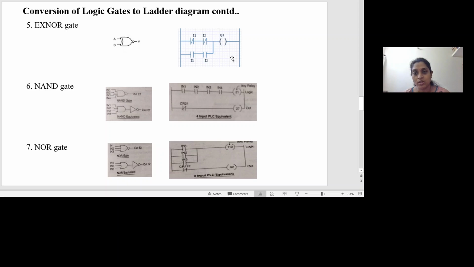Whenever I am ORing, the inputs of the OR operation are to be connected in parallel. Therefore, the first term represents A bar dot B bar and the second term A dot B. These two are the inputs of an OR gate, hence these two terms are connected in parallel.